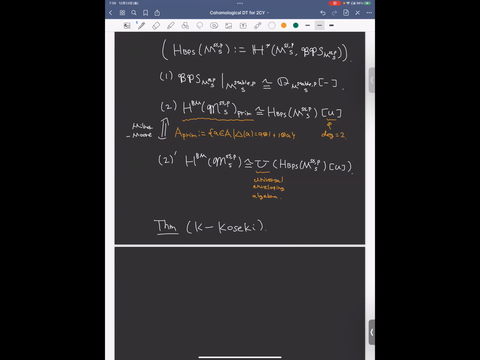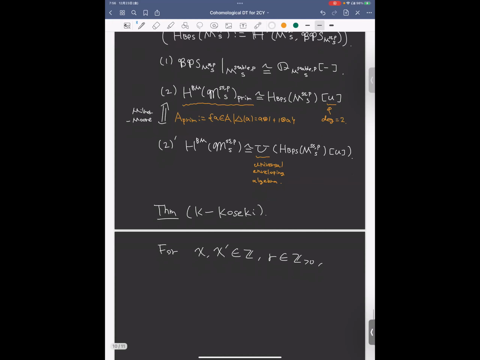And the theorem by myself and Naoki Koseki is that for different choices of chi and chi prime in Z, and R a positive integer, we have an isomorphism of the BPS cohomology groups.